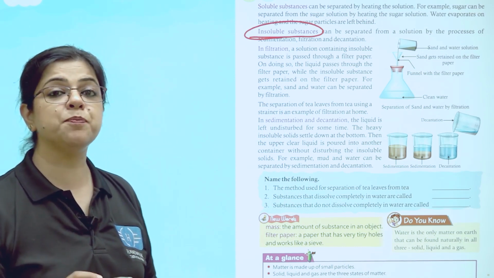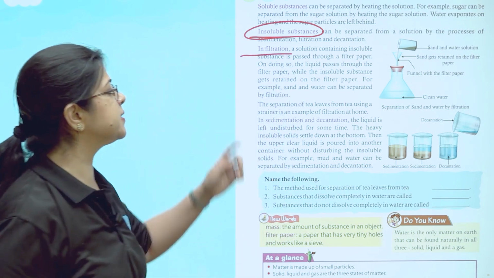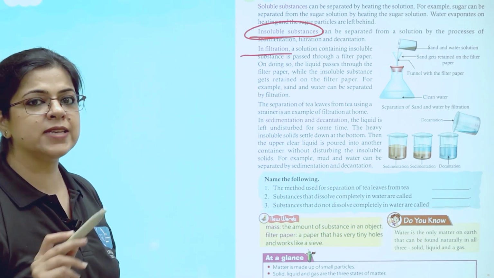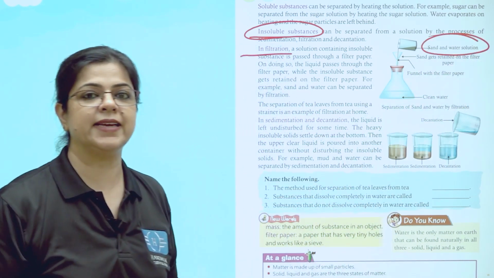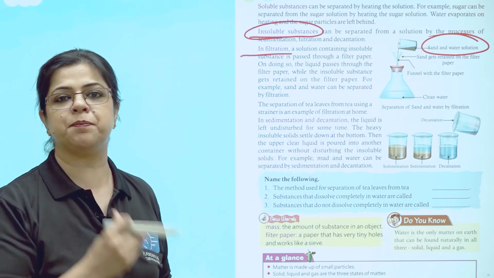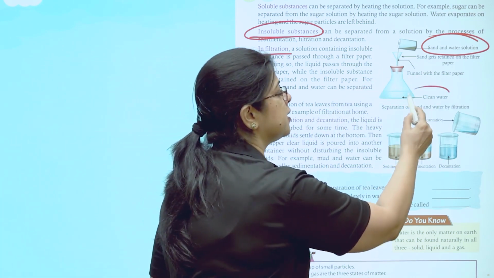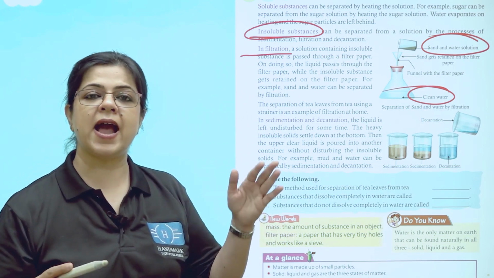Let us understand the process by which we do it. The first process is known as filtration. In case of filtration, the mixture of mud or sand in water is allowed to fall through a filter paper, and the solution is then separated into the solvent and the solute.